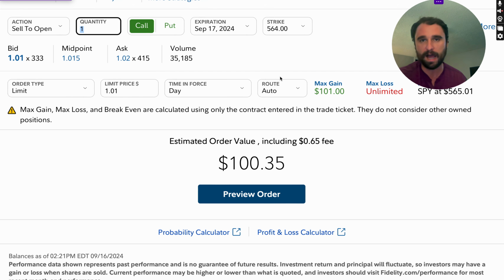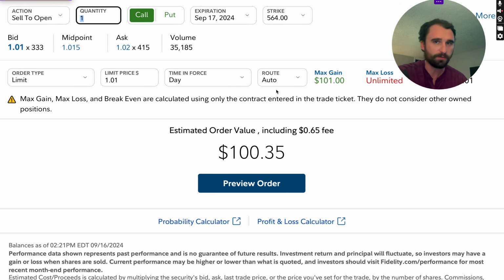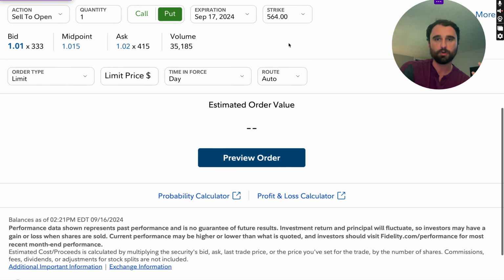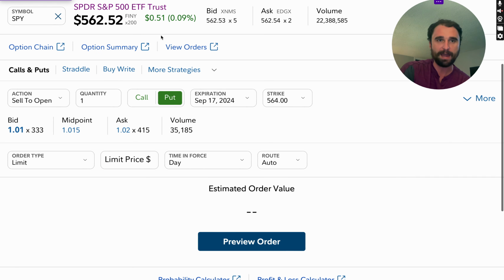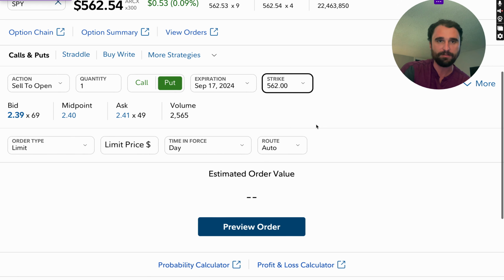If you're brand new to options trading and you're brand new to this wheel strategy, this may seem kind of complicated to you, but it doesn't have to be complicated. You can educate yourself on this stuff, learn more about it, think about how this actually works from a fundamental basis. We're first selling the cash secured put. We're agreeing to buy this ETF at an agreed upon strike price, so let's say 562.